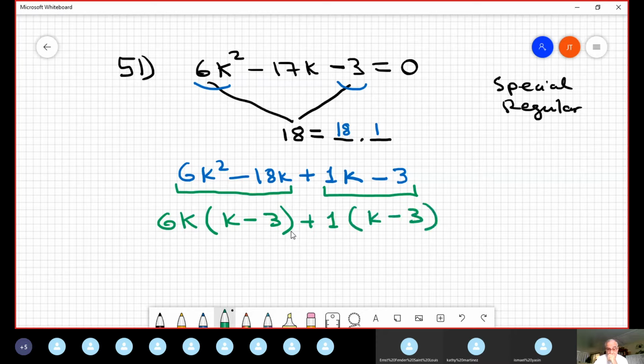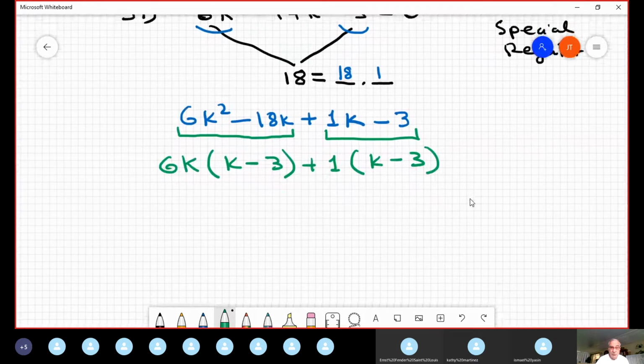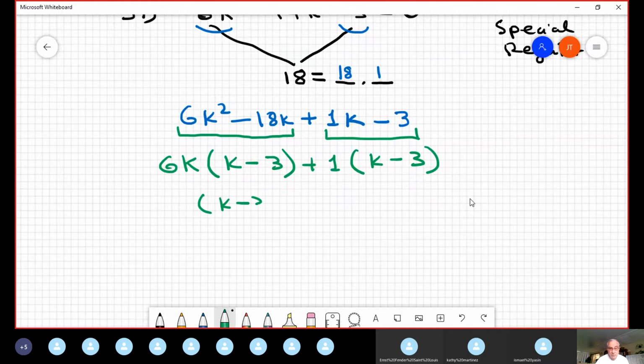I am happy one more time because the factor k minus 3 is a common factor. I factor k minus 3 out, open a new parenthesis, inside the new parenthesis is 6k and 1, equal to 0. Don't forget equal to 0, because this is an equation, not an expression.